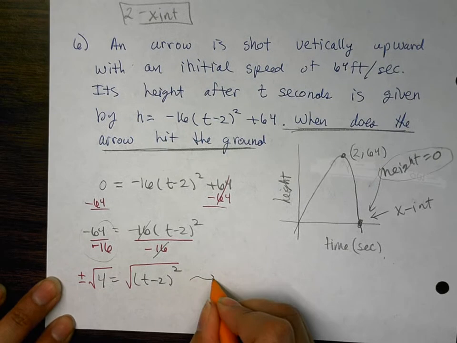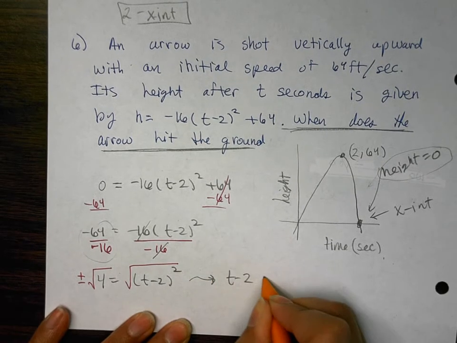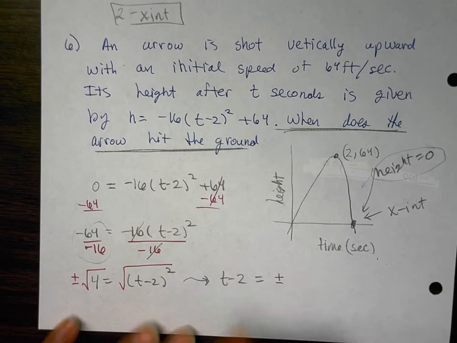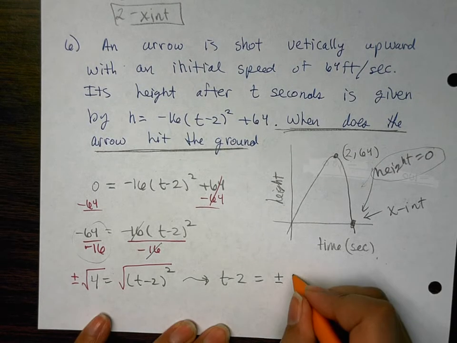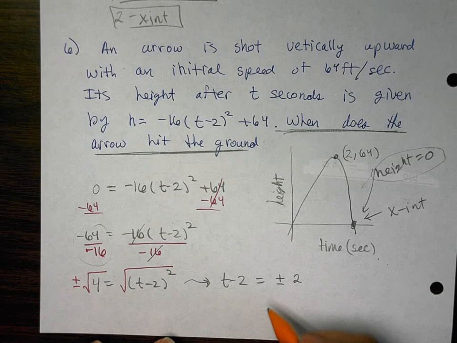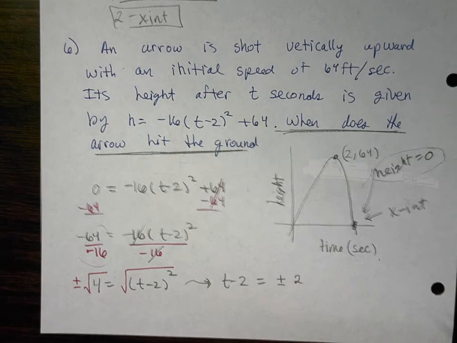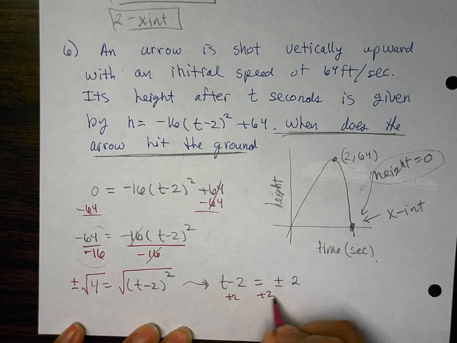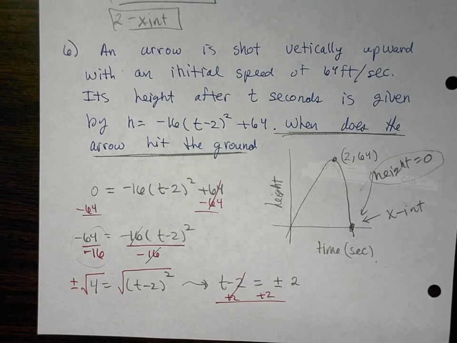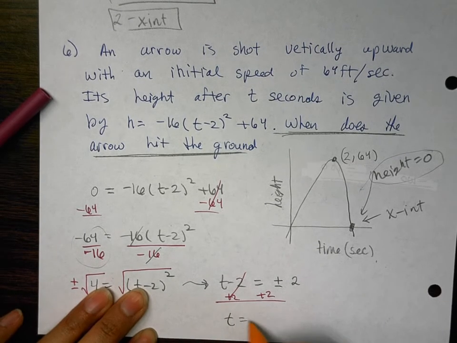Plus or minus. So I end up with t minus 2 on the left side equals plus or minus. That one's actually a perfect square. What do we get? Plus or minus 2. And what's our next step? Add the 2. I put the 2 in front.